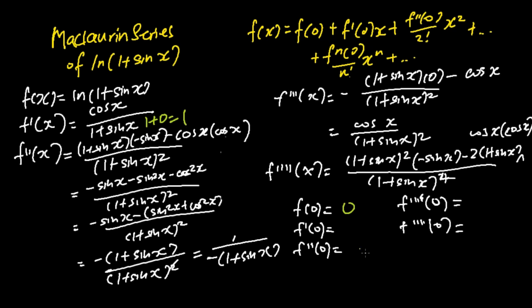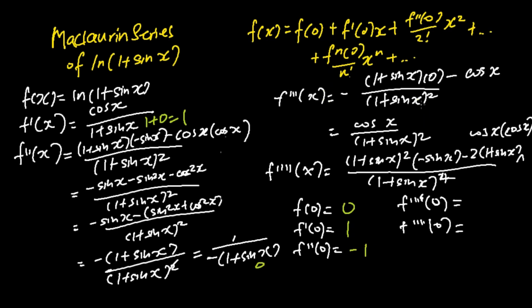So 1 divided by 1 gives me 1. The next step, we are going to evaluate x equals 0 in f''(x). In our denominator is just 1, numerator is just negative 1, so f''(0) is -1.